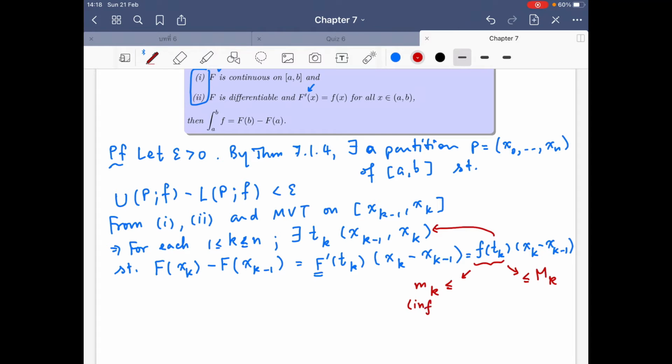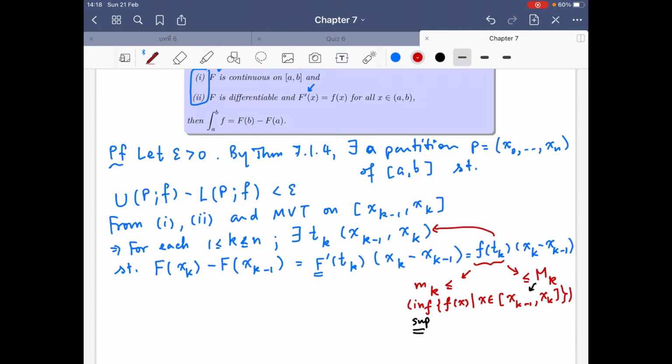So small mk is the infimum of all the function values inside the interval xk minus 1 to xk, and capital Mk is simply this, but instead of infimum we use the supremum. We know this kind of thing.